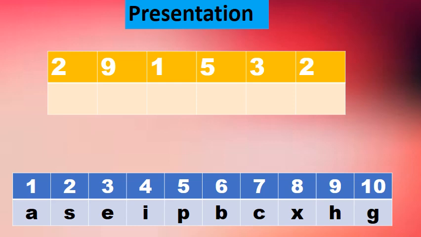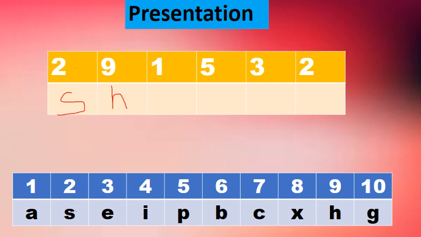The first number is number 2. What letter does it represent? It's letter S. And then number 9, it is letter H. Oh my gosh, what do you think this word is?